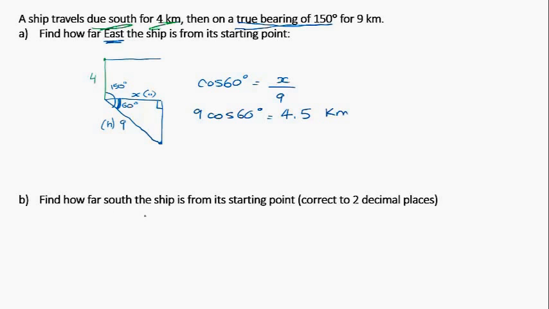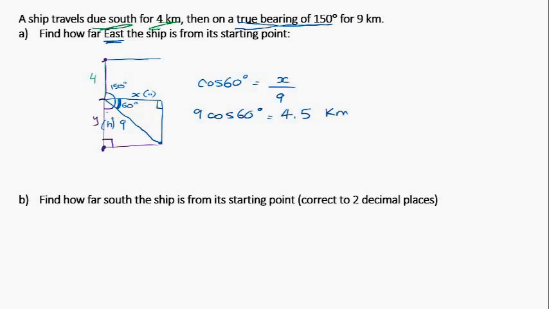In this next bit, I want to find out how far south the ship is from its starting point, and it's telling me to round to 2 decimal places. This was the ship's starting point, and in terms of a southerly direction, the ship is that far south. So I've got another right angle triangle here, and I need to find this whole southerly length, but I know from there to there already is 4. So what I need to work out is this, which I'll call y.